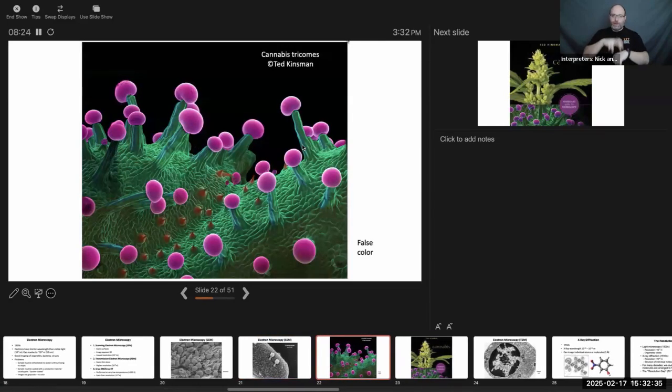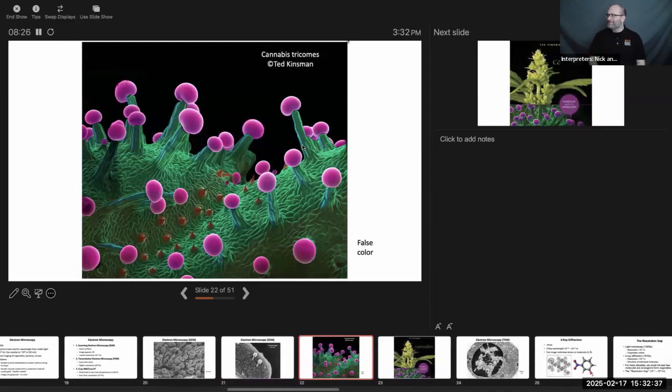Here's kind of a fun one. This is another scanning electron microscope image. So we're looking at a three-dimensional surface of a structure. We're actually looking at the underside of a cannabis leaf. And it's got these interesting little spiky things that look like thorns, but the important parts are these things called trichomes, these little stalks that extend down from the underside of the cannabis leaf.